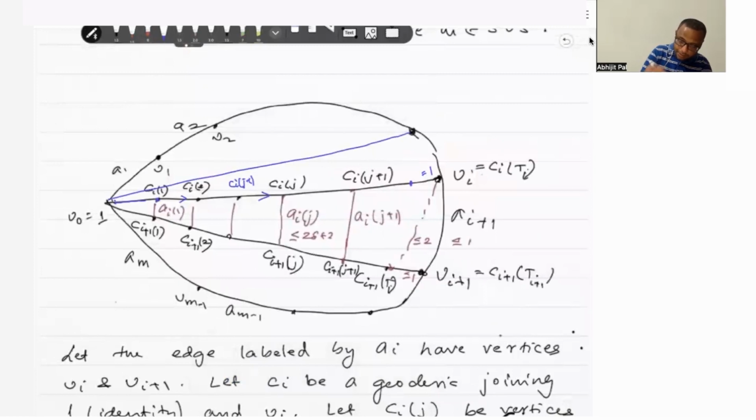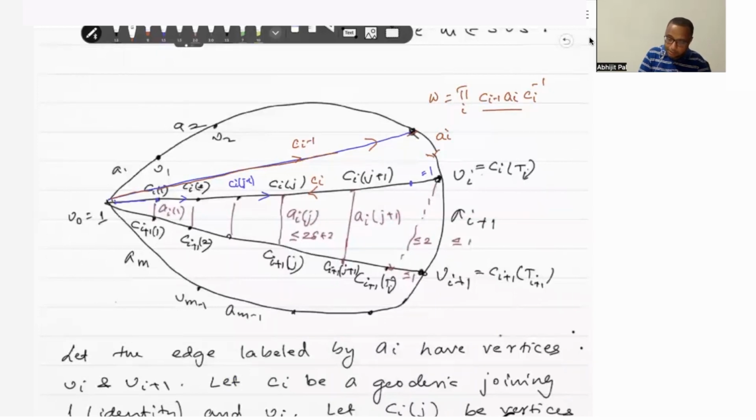So this is another loop. This is my Ci minus 1. You go up to here, and this is my Ai. You travel by Ai, and then you come back to 1 by this Ci. So we'll have this loop here, and W is nothing but the product of all these kinds of loops.